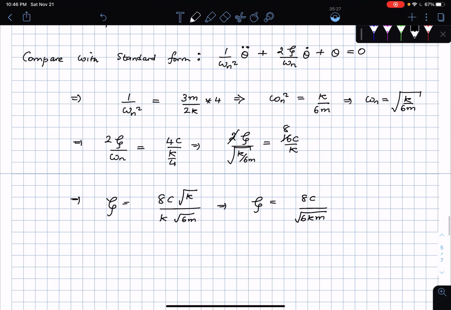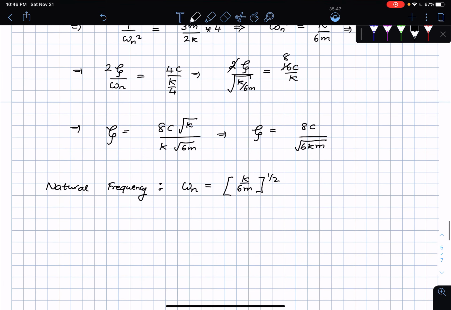Which means that the natural frequency omega n is k by 6m square root, whole to the power 1 by 2, and the zeta term is 8c divided by square root of 6km. This is the damping ratio.